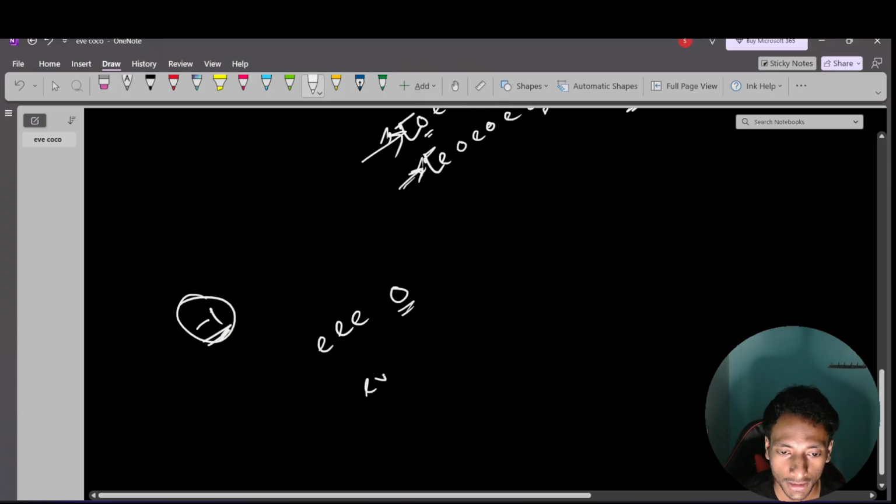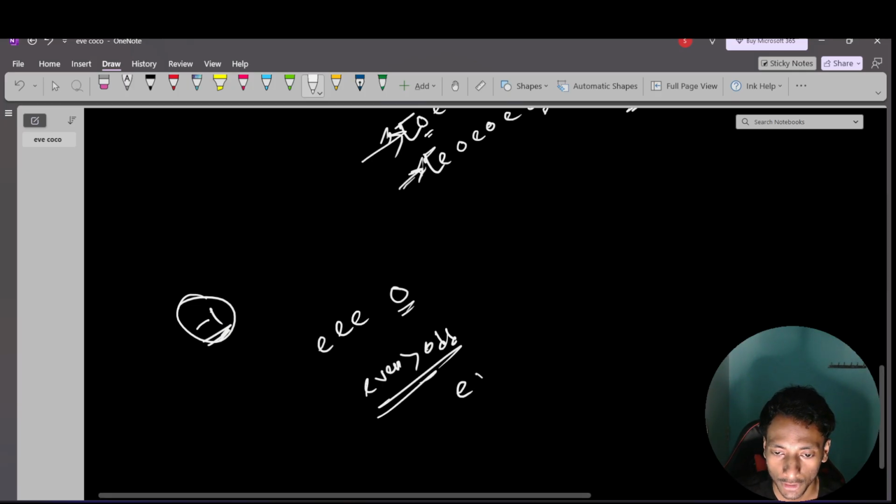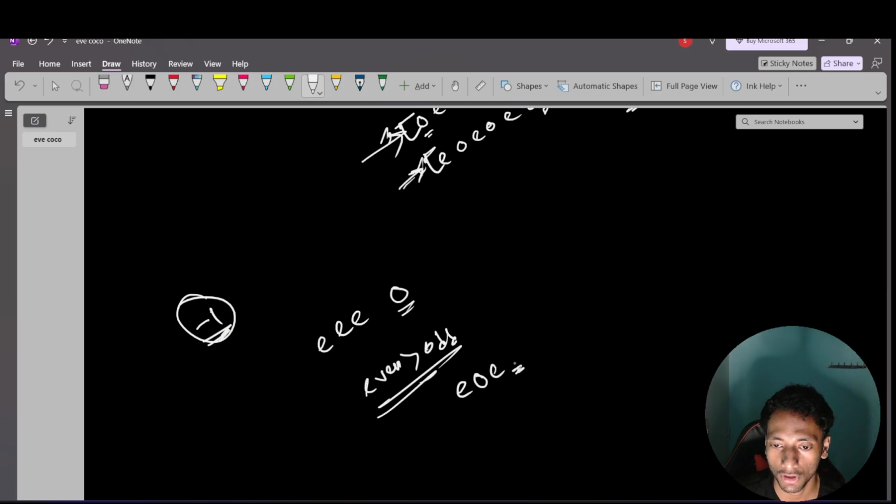I have already mentioned that if evens are greater than odds, it will always start with even. So it will be even, odd, even. Is there any odd left? No, odd is now 0, but we still have some even numbers to place, and there are no odd numbers. So it is not possible to generate.